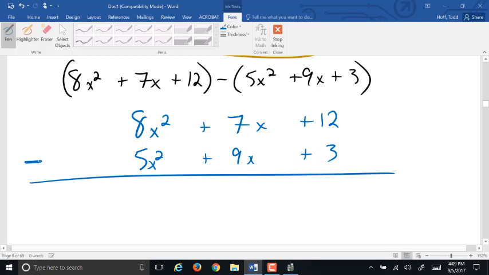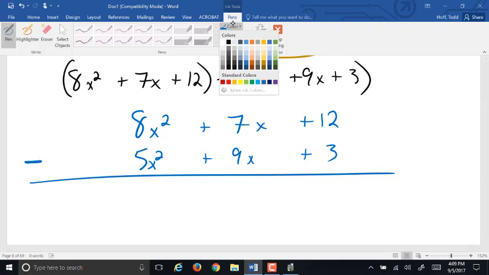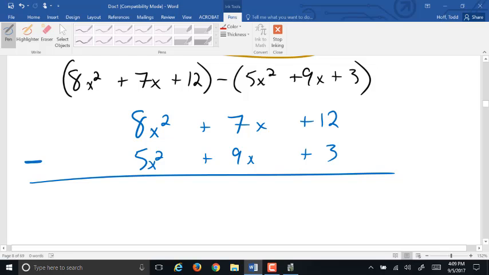Now we are subtracting down each place value, down each column. So starting at the end over here, 12 minus 3 is 9. It's positive, so it's a plus.